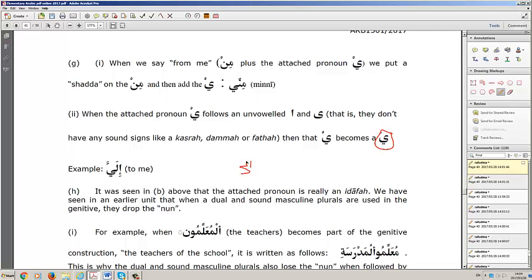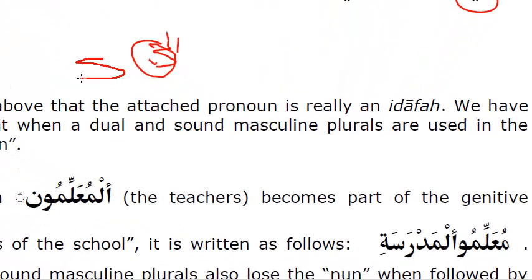Sorry for my handwriting. Now, in this ilay, you could see this is an unvoweled ya. But it's "to me", so it must be another ya added here. The ya, as we said, represents "me" or "my".